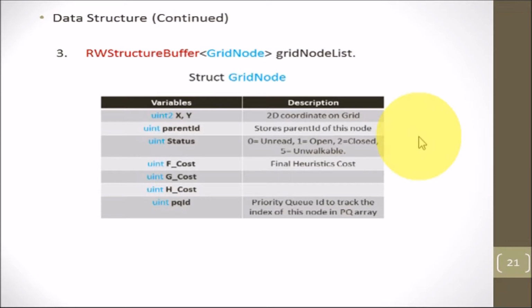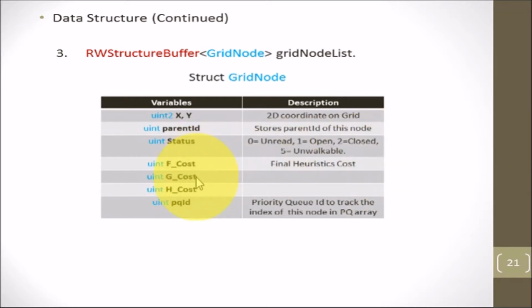Then we have a status, which we change as we process the node. The different statuses are unread, which each node is set to by default, then open when it is added to the open list, then closed when it is processed from the open list, and finally unwalkable if the node is a collision or a wall which cannot be walked by the agent.